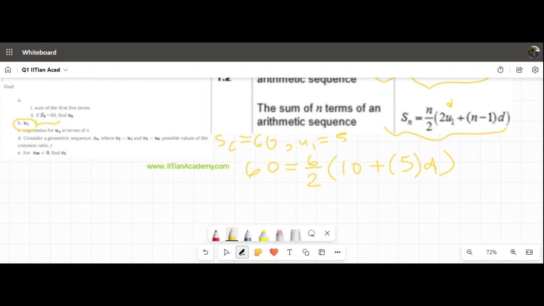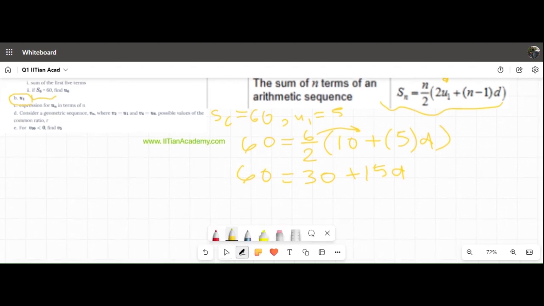If we continue, 6 over 2 becomes 3, and we will distribute this into our brackets, so we get 30 plus 15d is equal to 60.